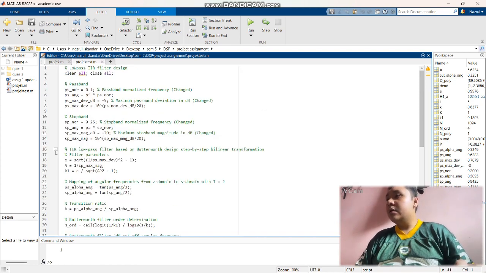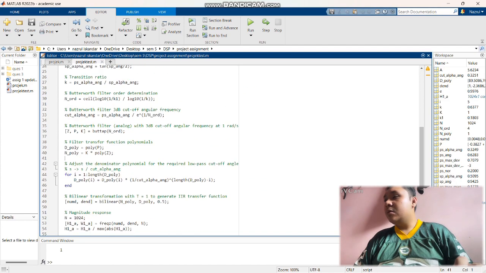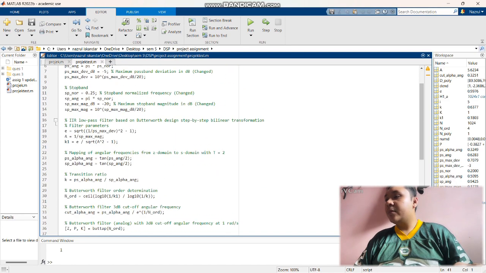So here, for example, we change the passband to 0.1 and the stopband remains unchanged, which is 0.25, and that's all I will change.